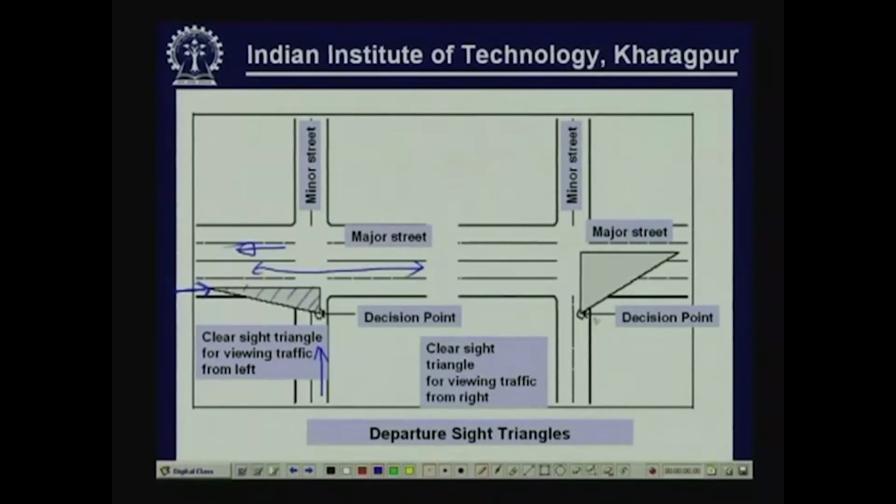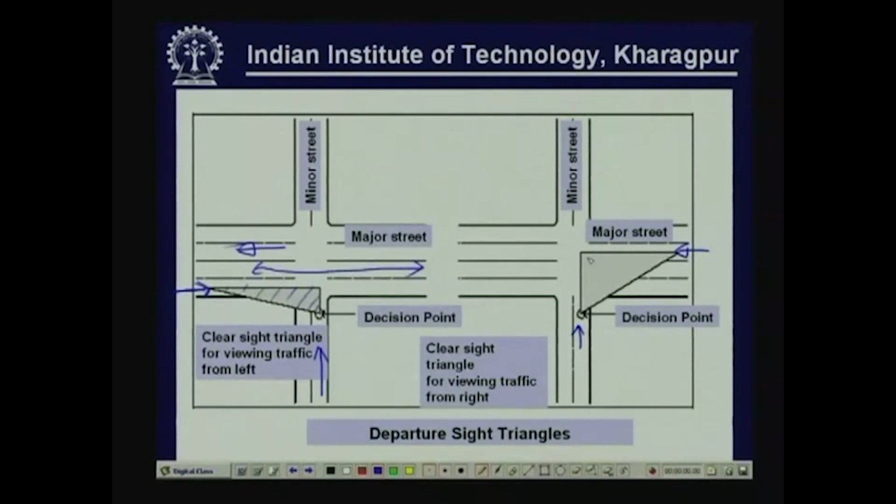Similarly, if we consider the other condition, an approaching vehicle trying to enter or cross, or maybe trying to take a left turn or crossing the intersection, a vehicle may come from the right side. Again, the approaching vehicle should not collide with the vehicle which is coming from the right side.